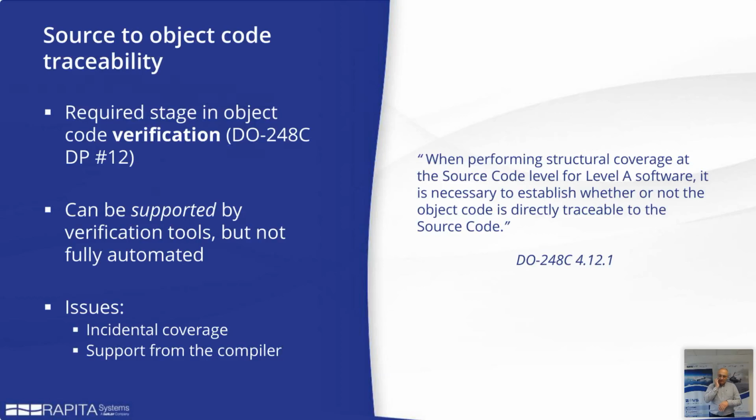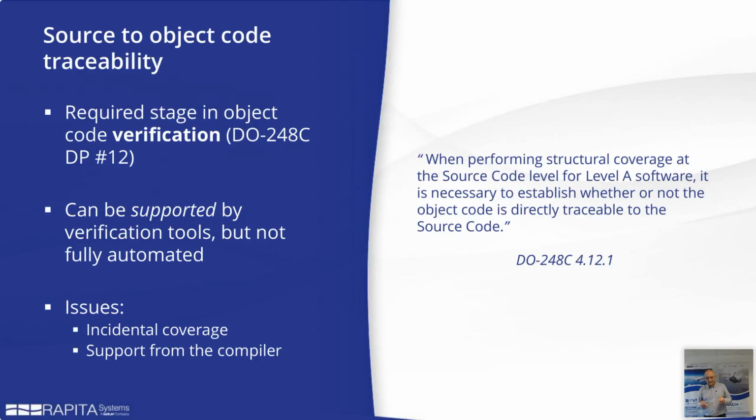The other tricky issue is the comment that some people say, but what I need to do is source to object code traceability. Now, this is required as part of the object code verification. And this can be supported by tools, but not fully automated.